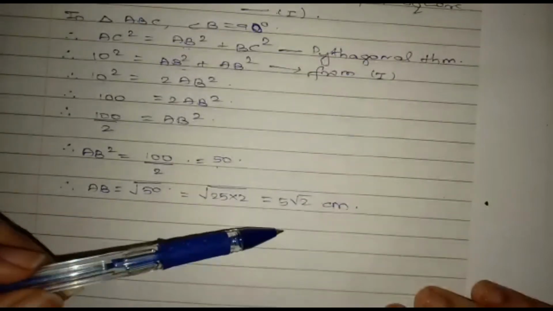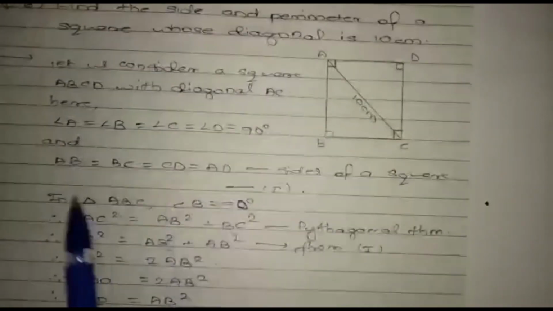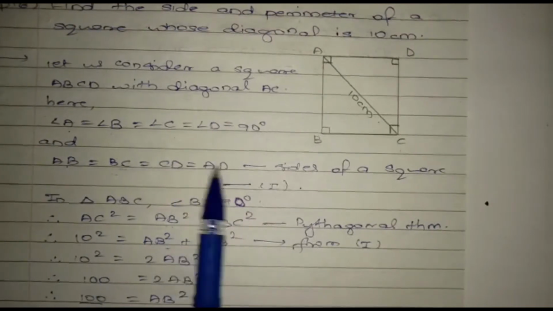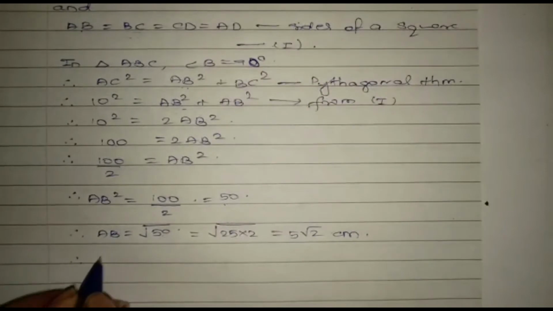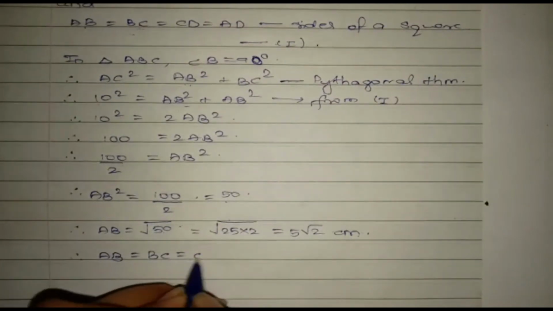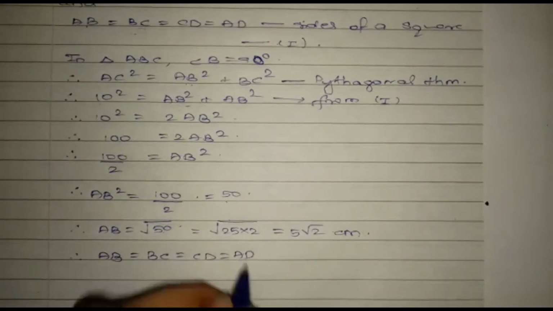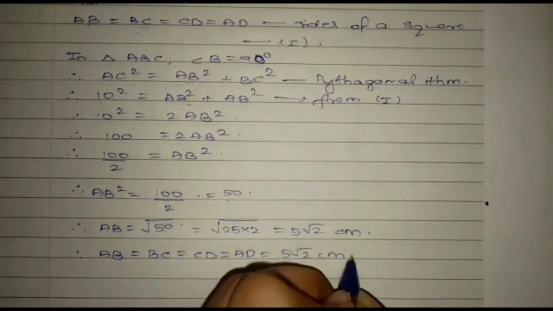So we got one side of the square AB, that is 5 root 2 centimeter, but all the sides of a square are equal, therefore AB is equal to BC is equal to CD is equal to AD is equal to 5 root 2 centimeter.